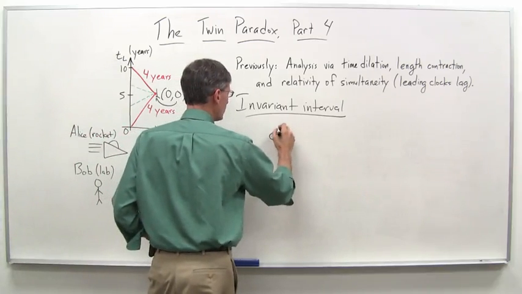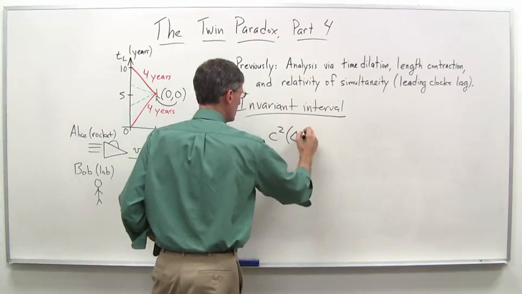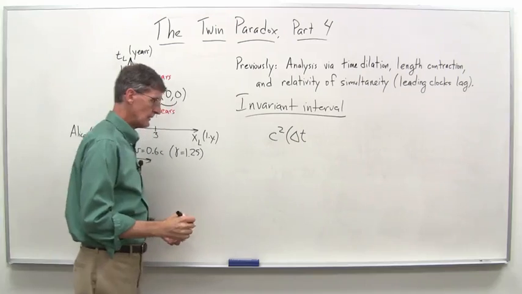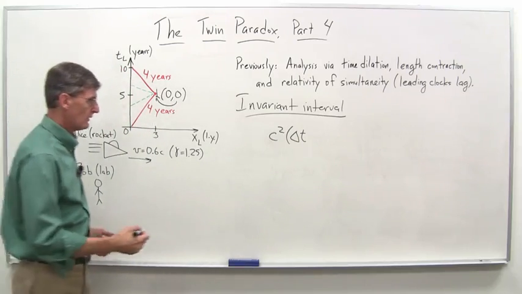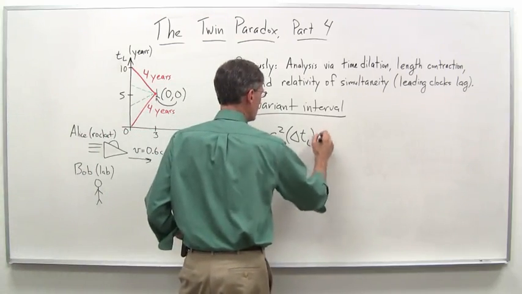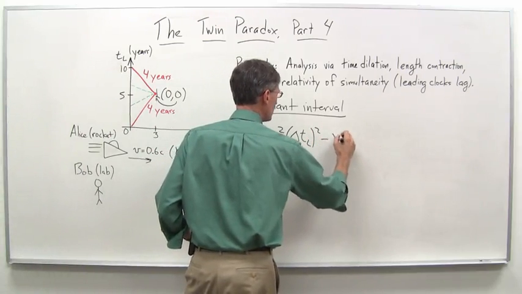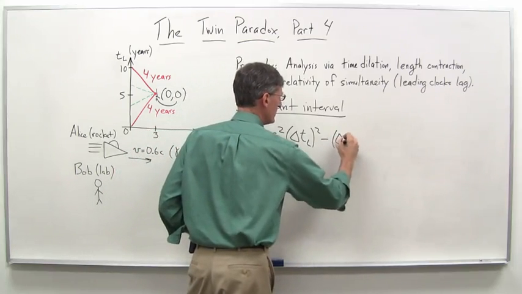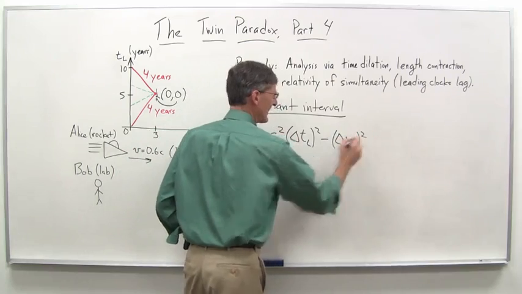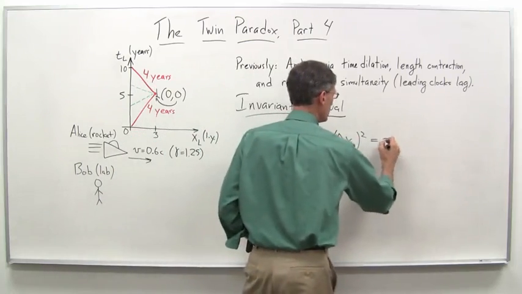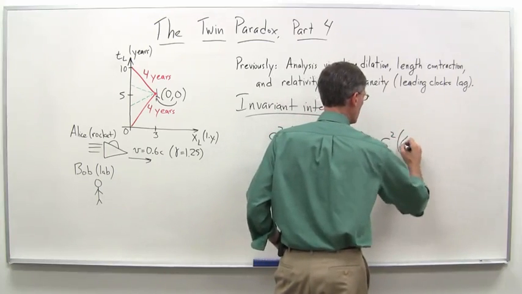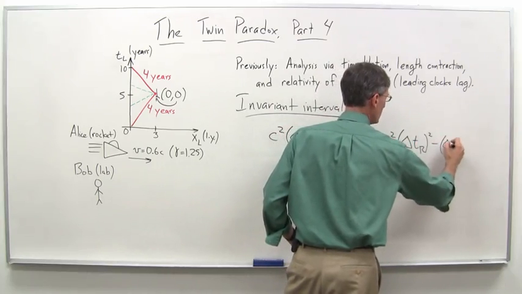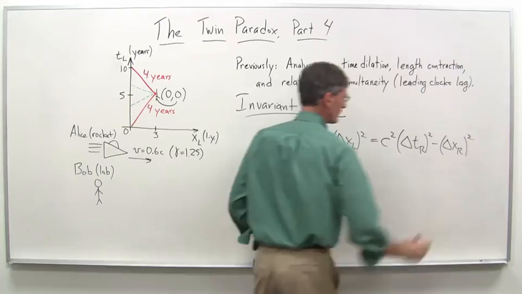Essentially it's c squared delta t, and again we'll use the lab and rocket frames, L and R. So we'll just use delta x, to remind ourselves it's a difference in coordinates: c squared delta t L squared minus delta x L squared equals c squared delta t R squared minus delta x R squared.